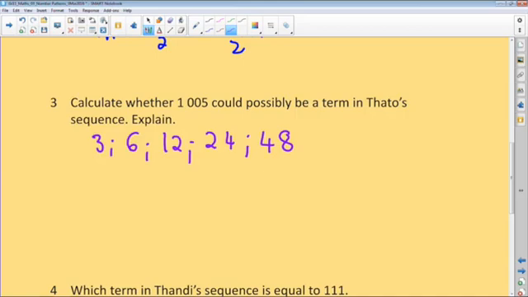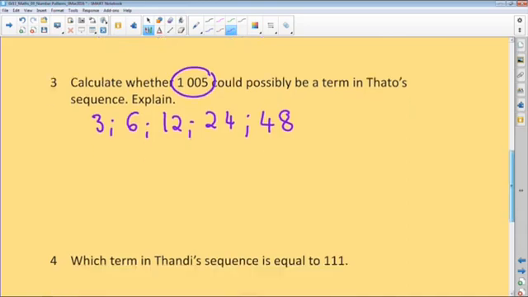If you look, this is 3, 6, 12, 24, 48, and then you keep on getting even numbers. The next term is going to be even, and the next one is going to be even, except that 3. So it means that 1005 is straight away not part of that sequence.